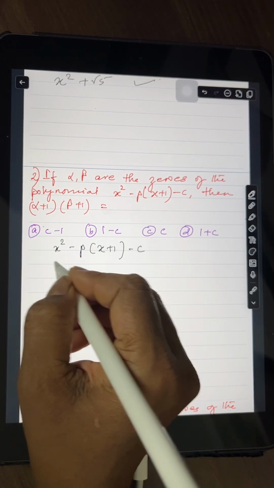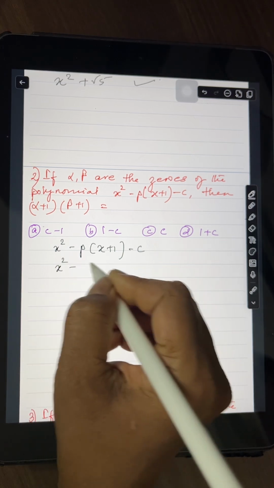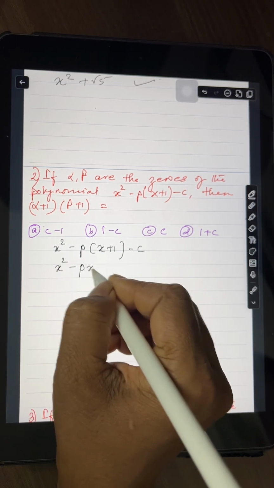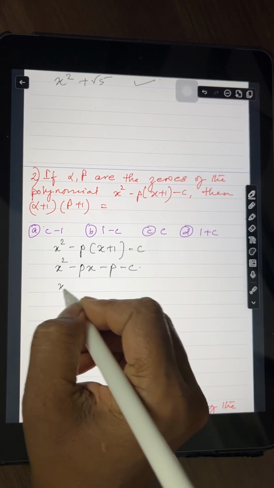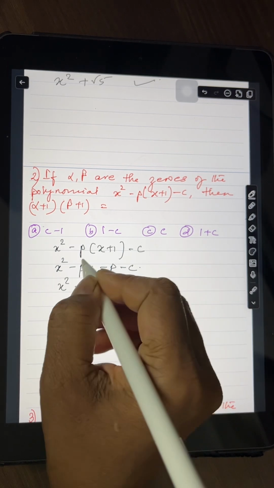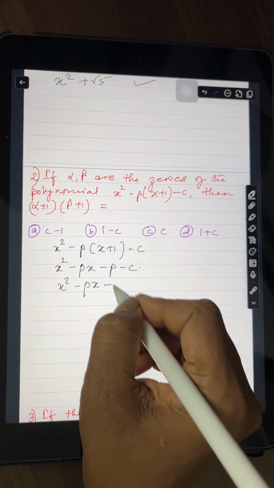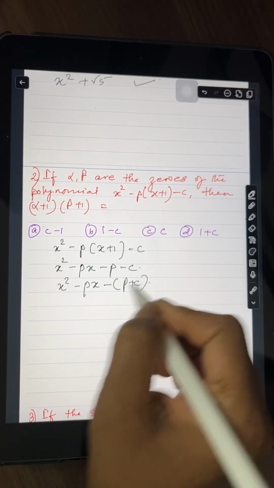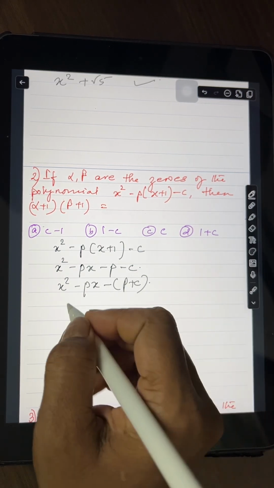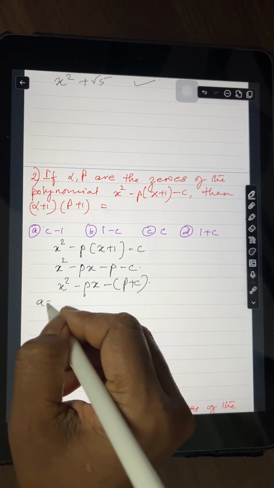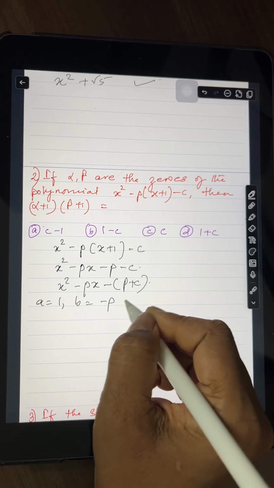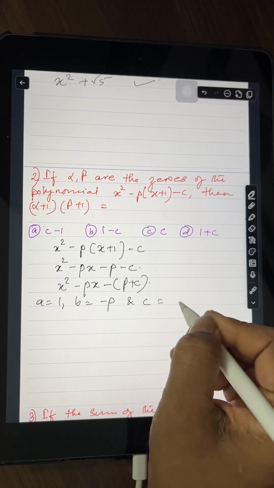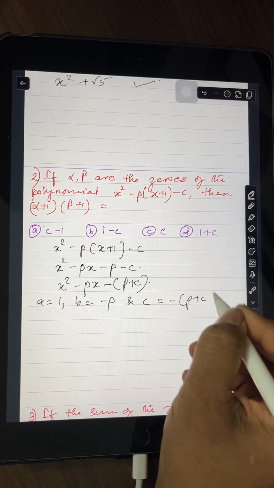So you can remove the bracket: x square minus px minus p minus c. Now you see this is the x term and this is the constant term. So what is a here? A is 1. B is minus p. And c is minus p minus c.